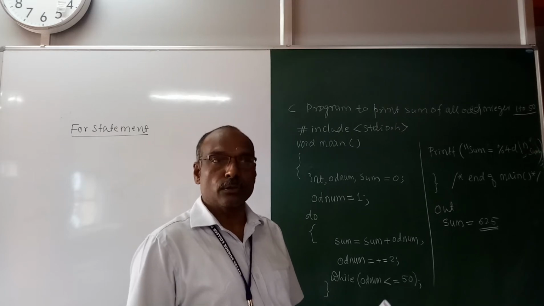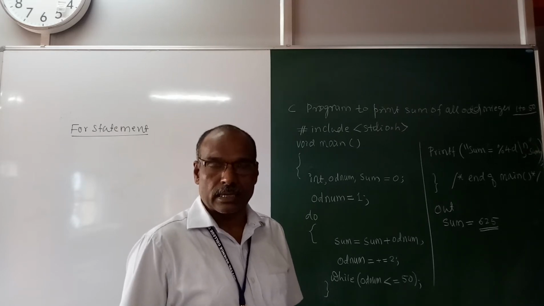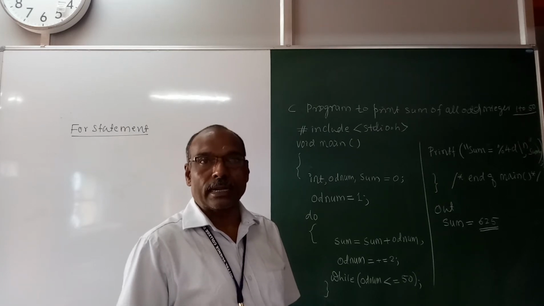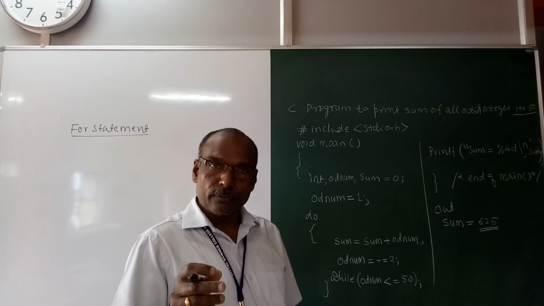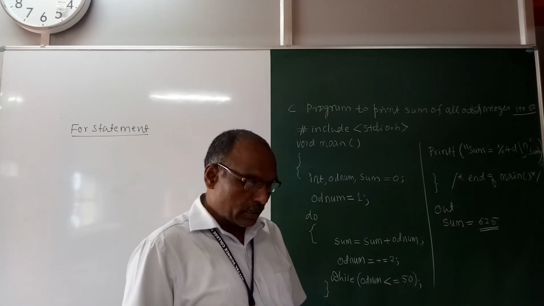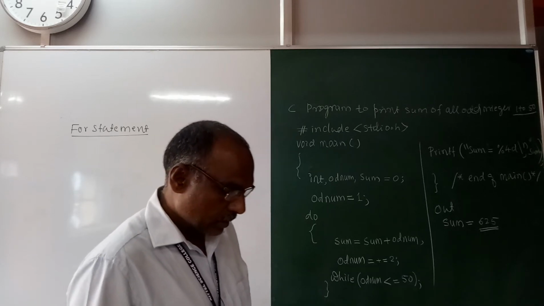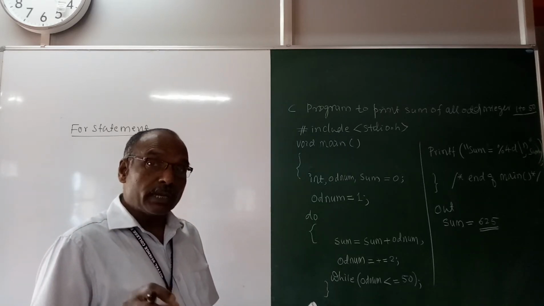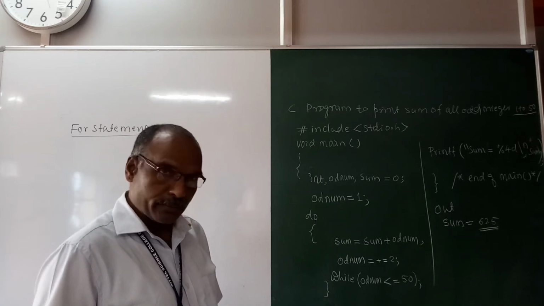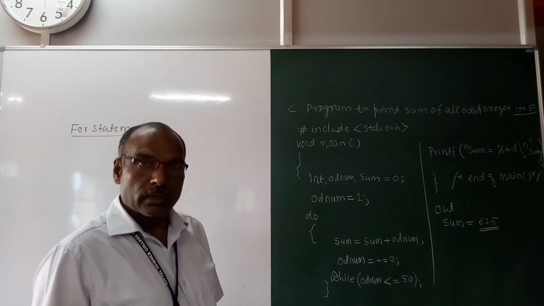If you are asked to find the sign of x for 10 values, you have to repeat it 10 times. So a for statement can be used, when he knows how many times that loop should be executed, say 10 times.